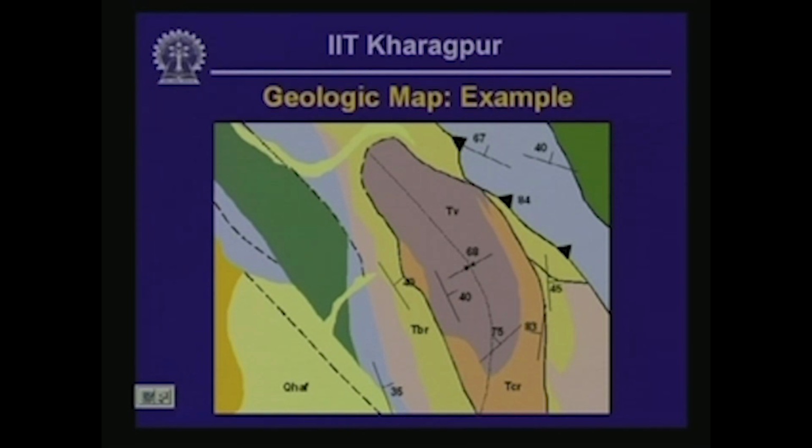The slide here shows the surface exposure of different geologic units in different colors. For example, the unit to the bottom left of the map in light yellow color, labeled QHAF, is essentially indicating that that area is underlain by some quaternary deposit.